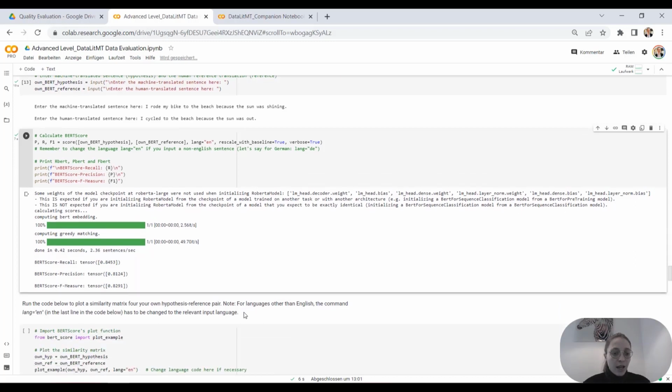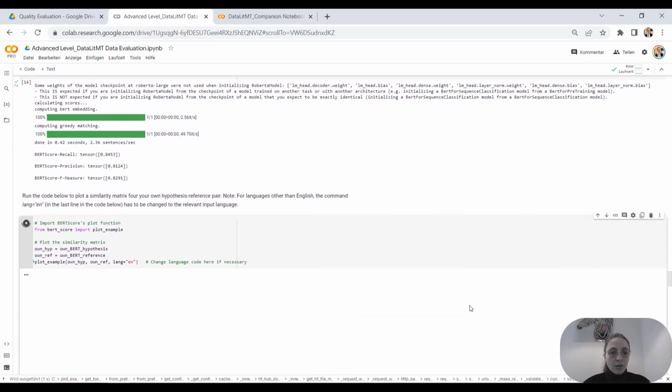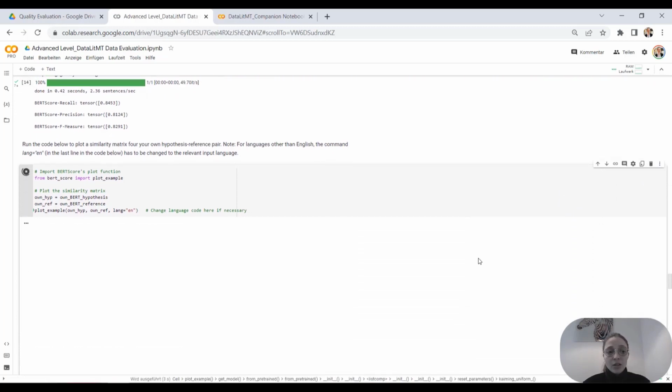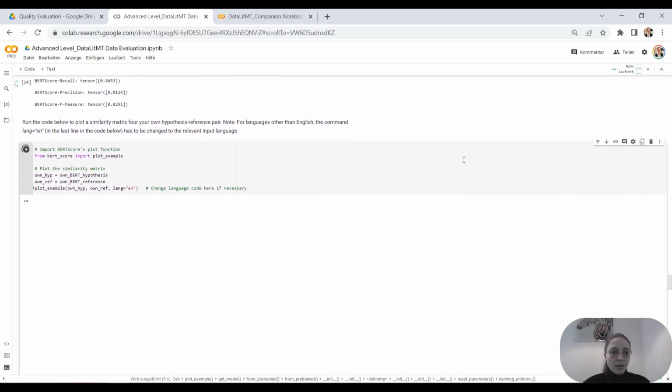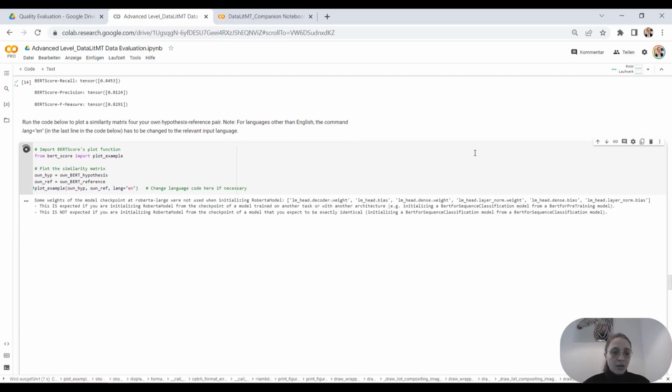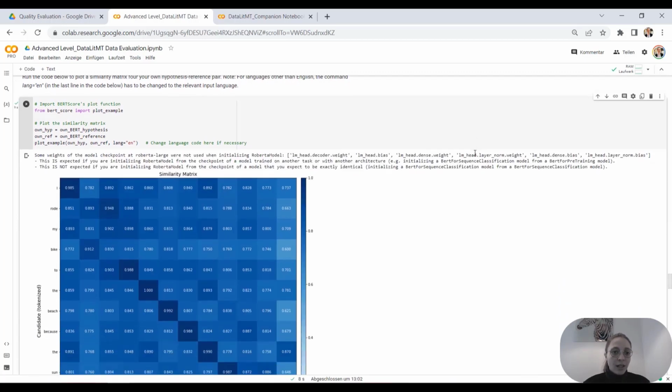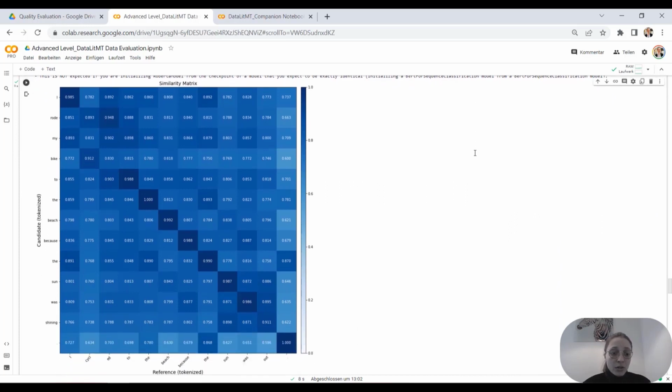And we can run the cell below here to get a similarity matrix of our own examples. And also we have to just be patient for a little while, because here we can analyze it a bit more closely. So we can see that things like the sun, was, because, and beach, that these receive relatively high comparison values because they are the same words that are being used here.